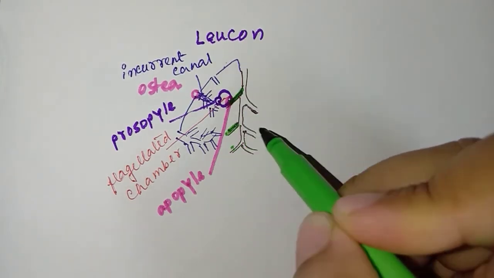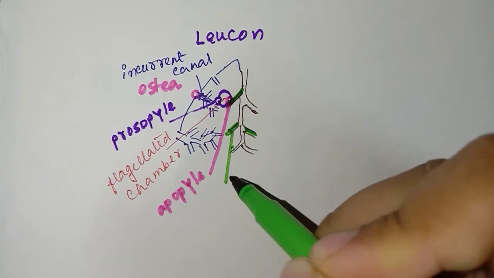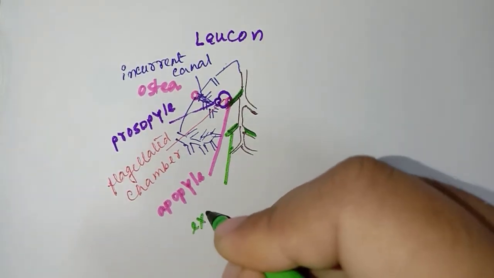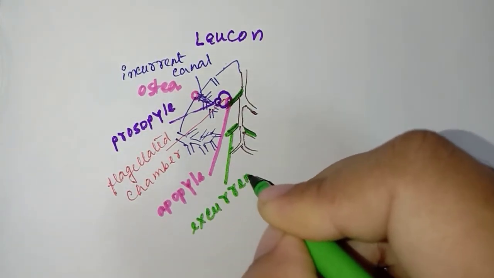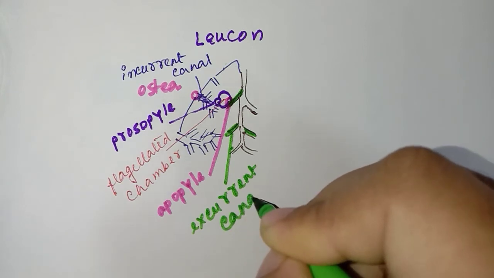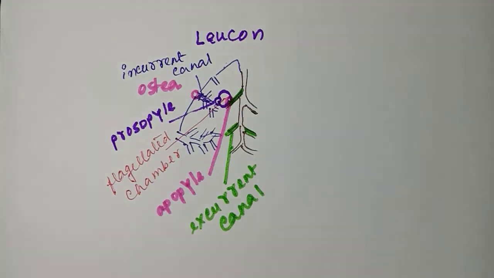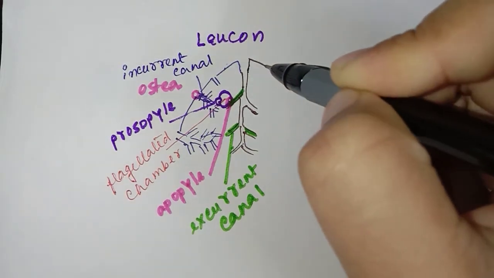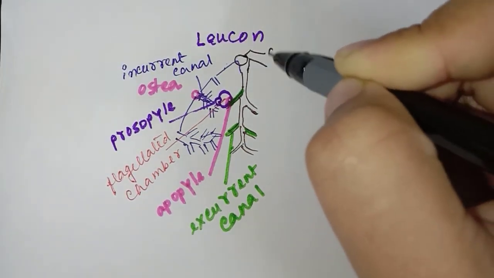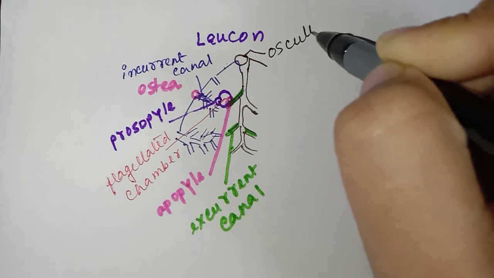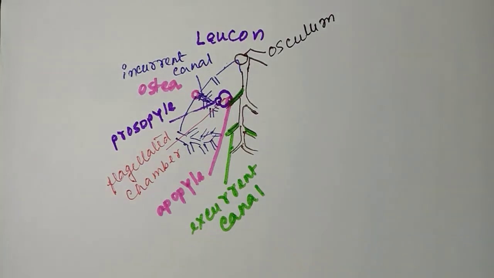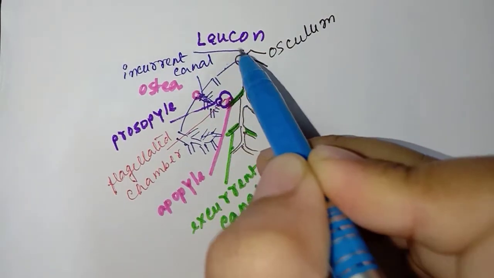This one, or this one, or this one. These are known as the excurrent canal. With the help of this excurrent canal, the water will be removed outside. How will this water be removed outside? It is the same, that is osculum. With the help of the osculum, the water will be removed outside. So this is the most complex type of canal system, called the Leucon type of canal system.